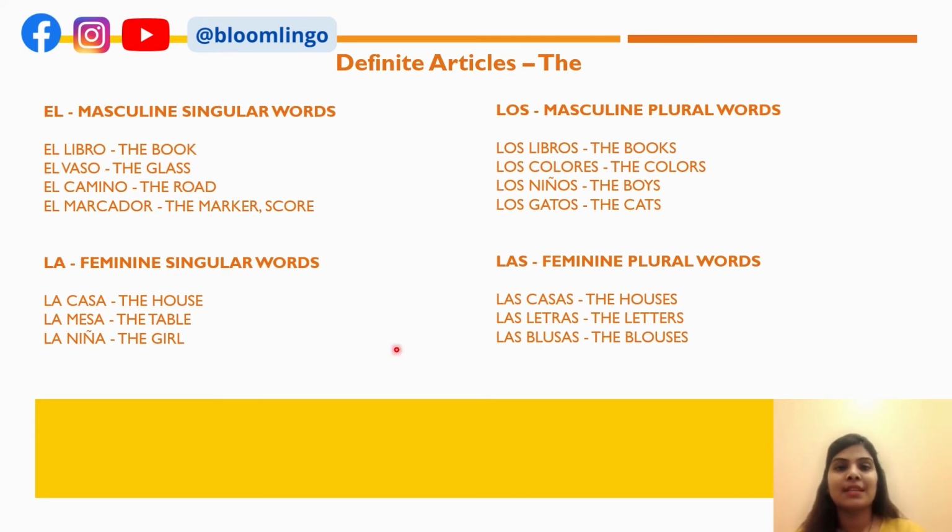And next is las, feminine plural article, and it would be las casas, the houses, las letras, the letters, las blusas, the blouses. So, el, la, los, las.